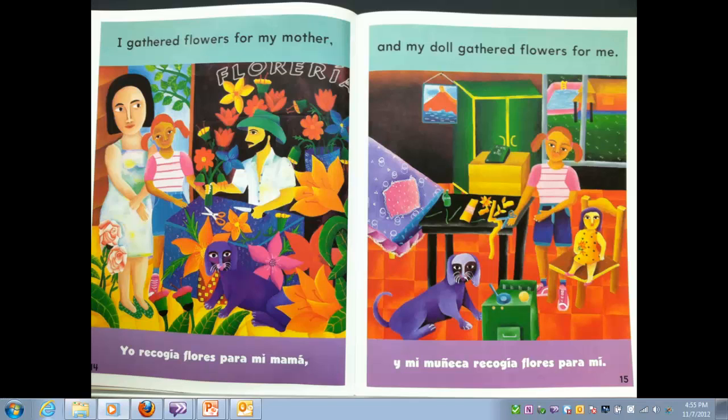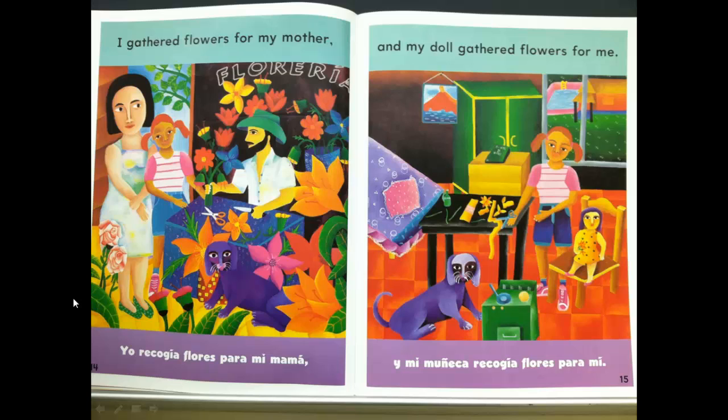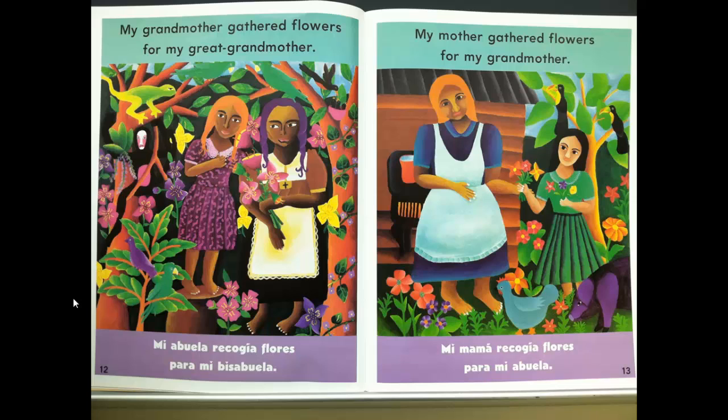All right, let's stop there and talk about these last couple of pages. Where did each girl gather flowers for her mother? Where did each girl gather flowers? Now let's go back here to these two pages. Where did these two girls gather their flowers? Well, looks like the grandmother gathered flowers from the forest.